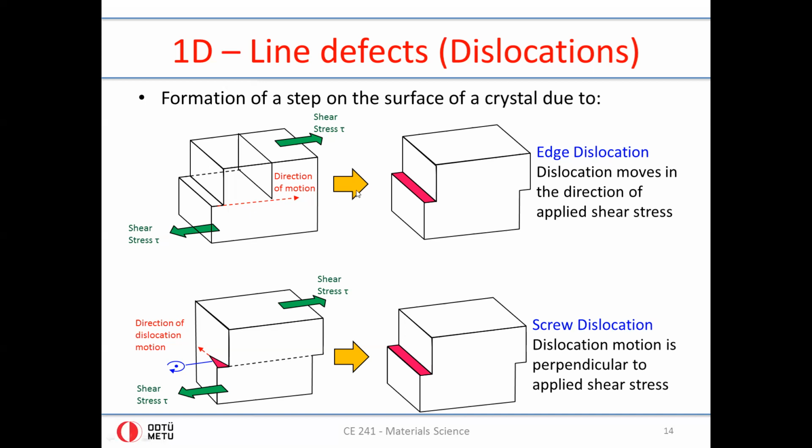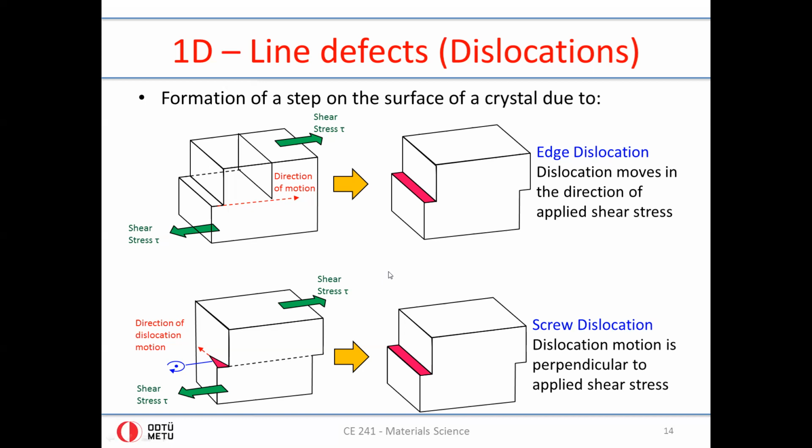And the direction of motion is hence along this applied stress, whereas this is like a screwing action, hence called a screw dislocation. But notice that depending on the types of forces applied on the crystal structure, the two can give you the same final outcome, but through different intermediate steps.